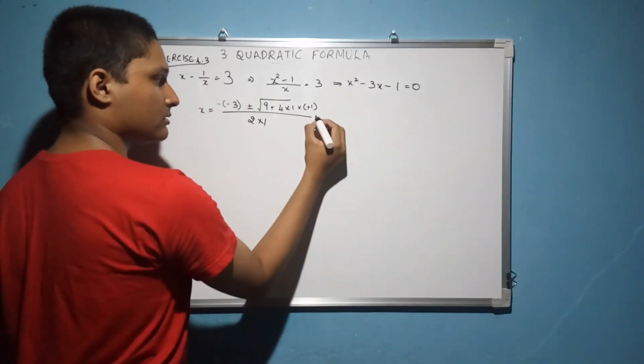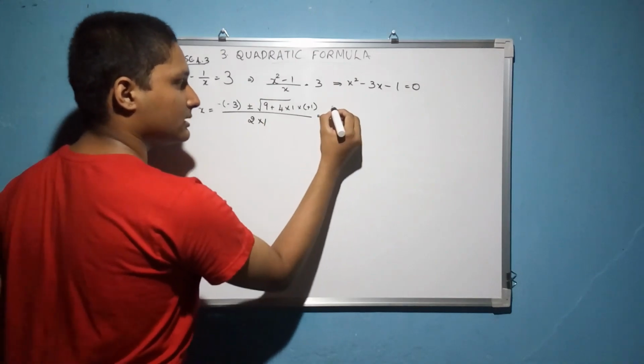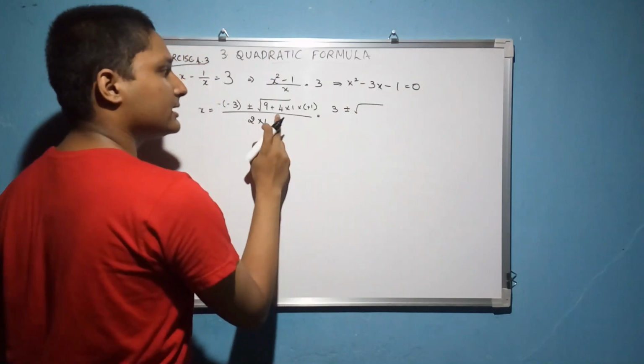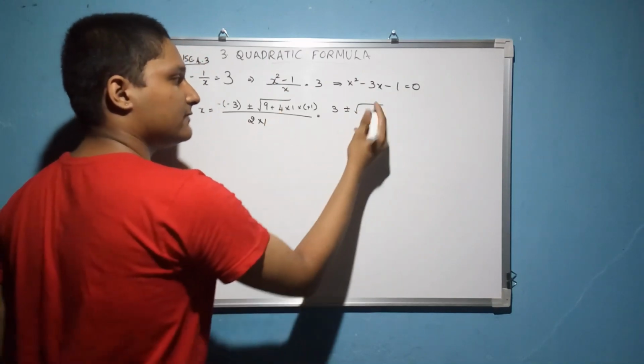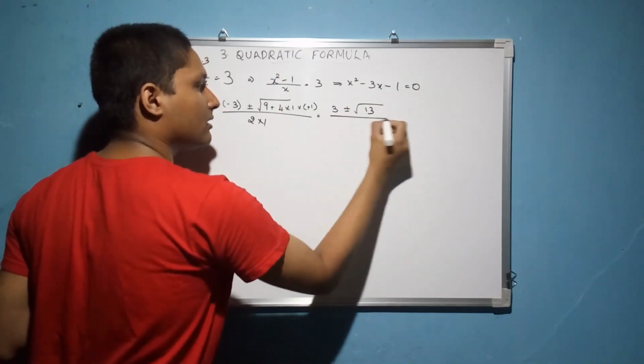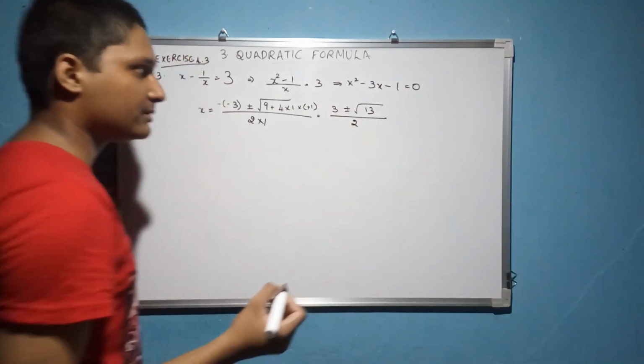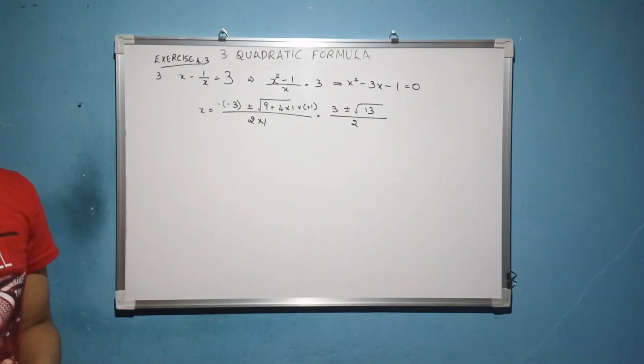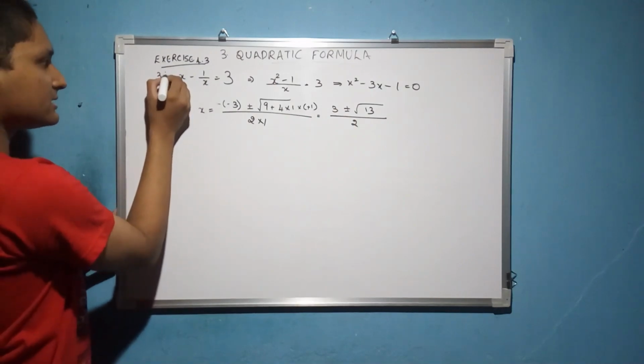A is 1. Okay, this is going to be 3 plus or minus root of 9 plus 4, which is 13, divided by 2. This is going to be the answer, that is (3 ± √13)/2. This was the first subdivision.